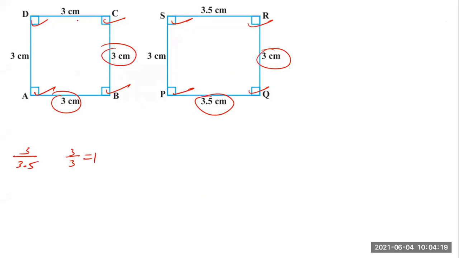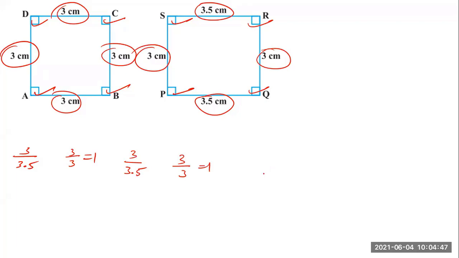Now again 3 by 3.5. Then next, this is 3 by 3, again it is 1. So the sides are not in proportional, all the 4 sides. So both the figures are not similar. Is it clear?